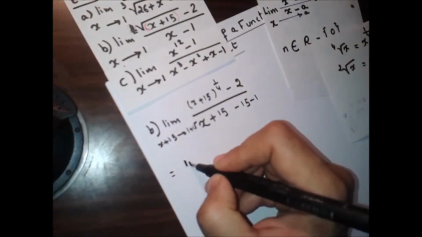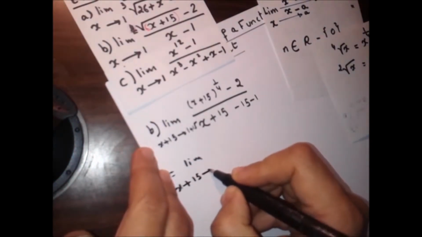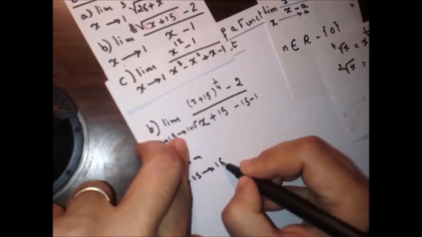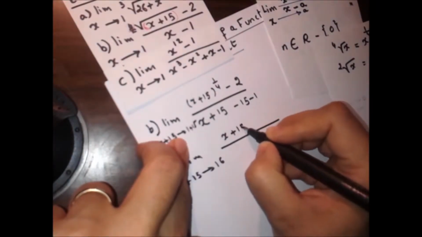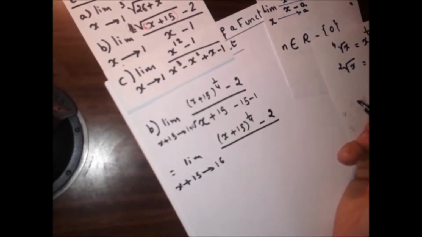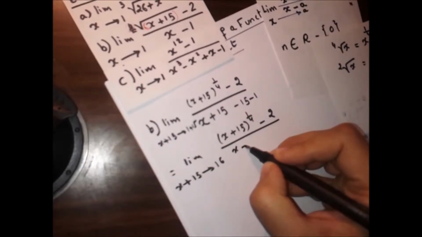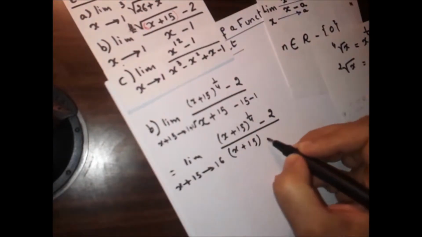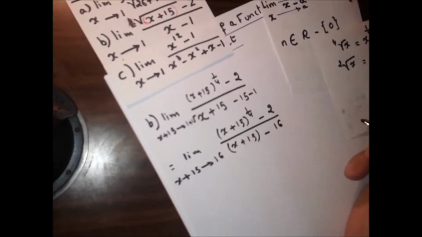This is equal to the limit as x plus 15 tends to 1 plus 15, which is 16, of x plus 15 to the power 1 over 4 minus 2, over x plus 15 as the first term, minus 15 and minus 1, which is 16.